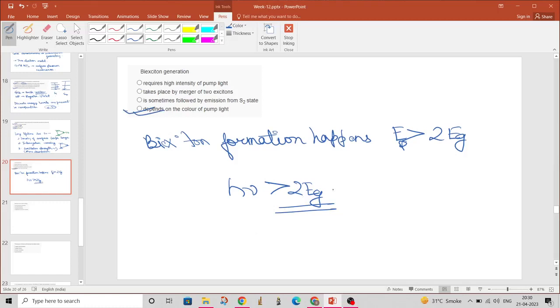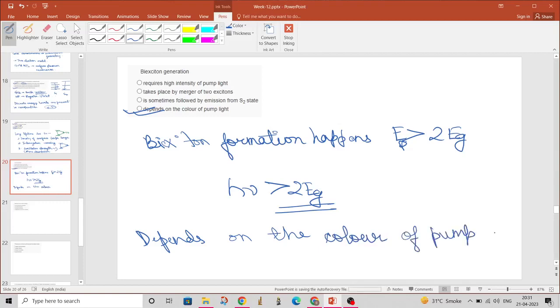It is decided by the energy, and energy is not equal to color, but it is comparable to color, we can say. So one energy will be associated with a particular color. So here the answer will be: depends on the color of the pump light.